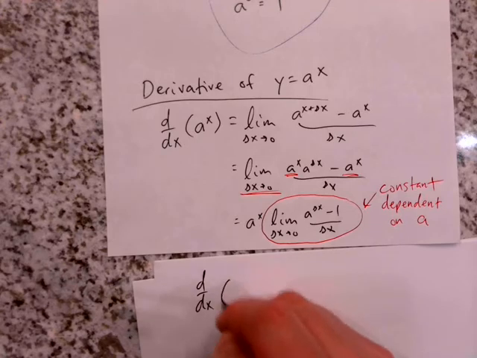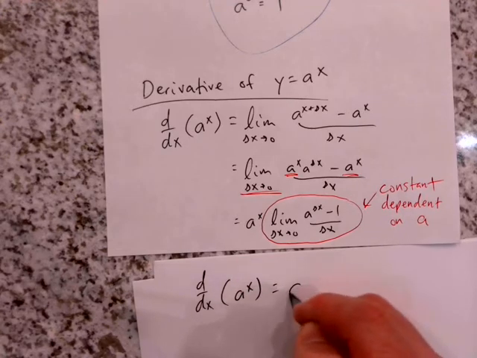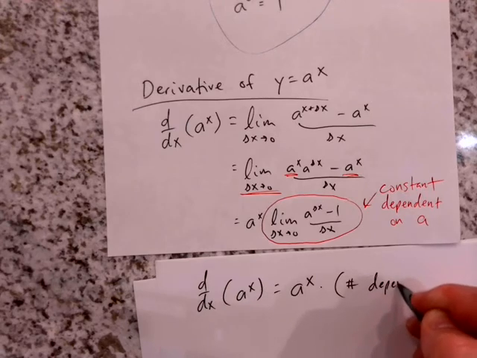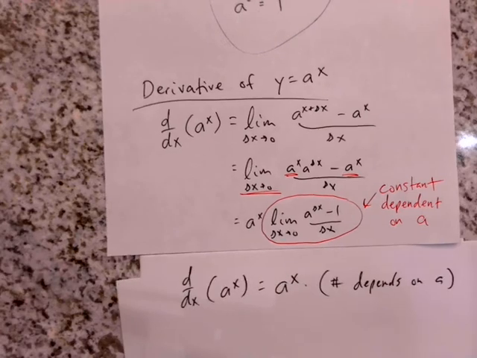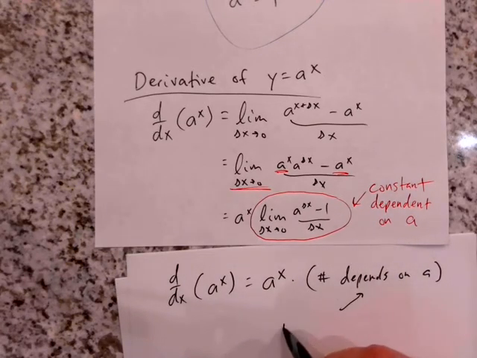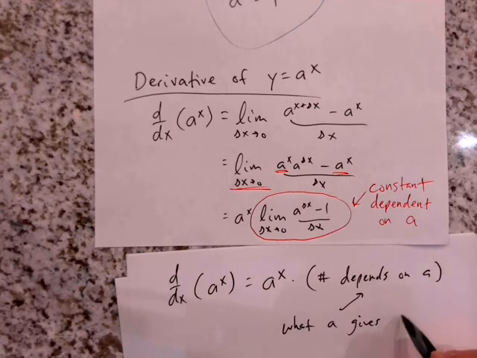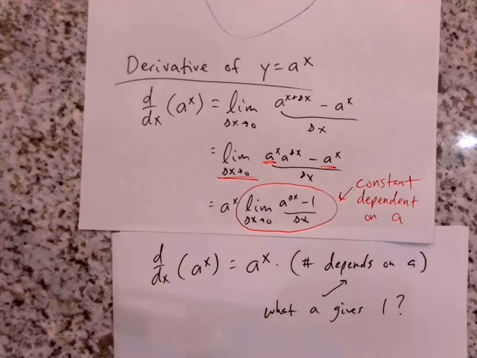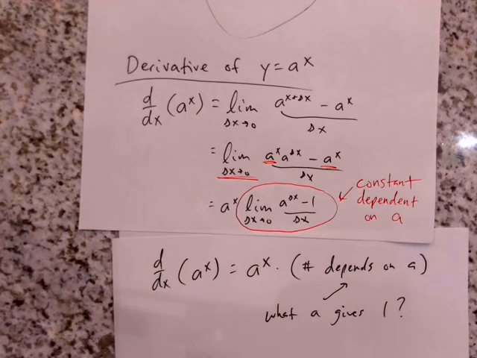The derivative of a to the x equals a to the x times some number that depends on a. And so the question is, what value of a gives us 1 for that number? And there's a few ways to find the answer. One way is called linear interpolation, which is a fancy word.